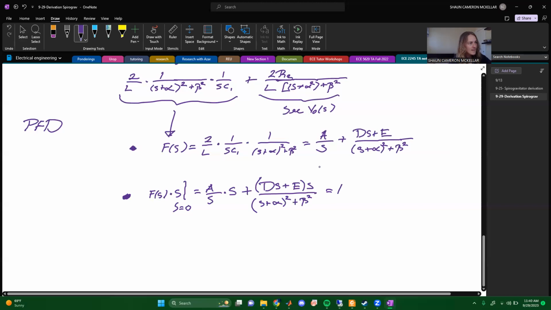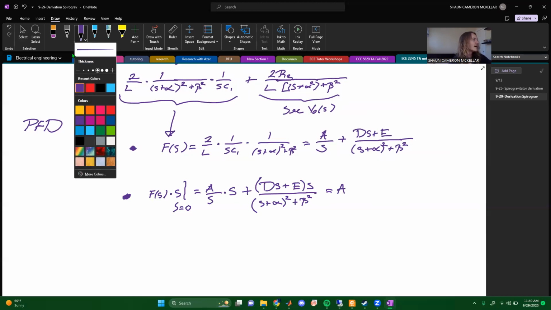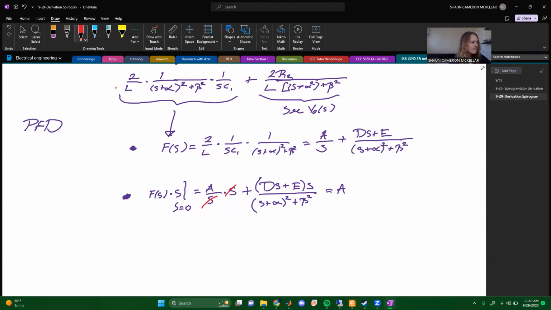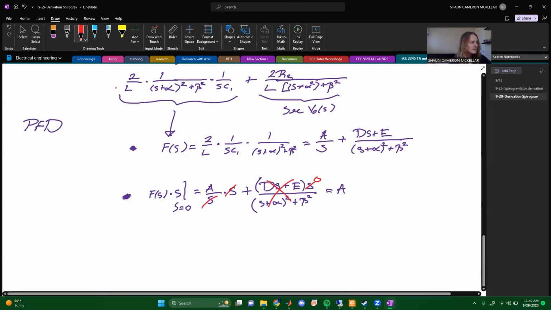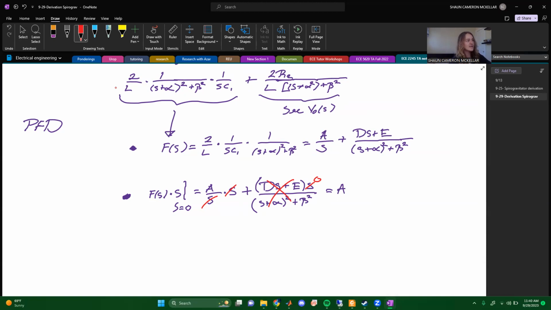And that's equal to A. Let's see why. If I go ahead and cancel some stuff out, I see that these s's cancel, so that's A right there. And here I have a bunch of stuff times 0, so that gets rid of that whole thing. So f of s times s evaluated at s equals 0 equals A.